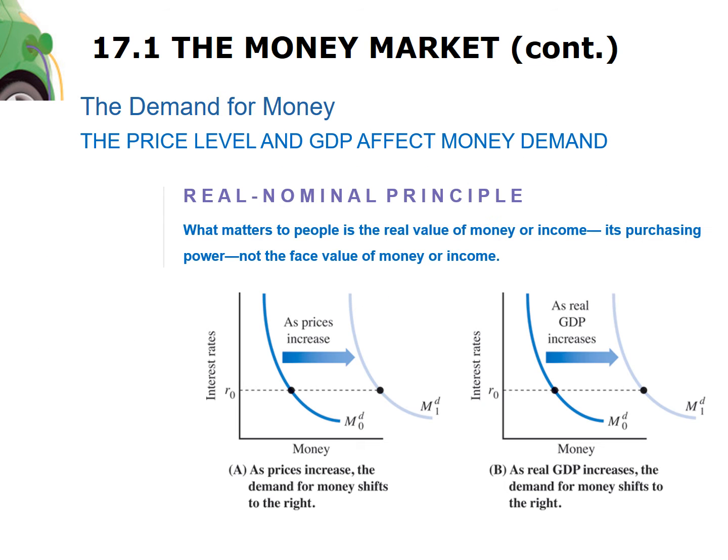On this slide, it is showing the real and nominal principle. What matters to people is the real value of money or income, or its purchasing power, not necessarily its face value.